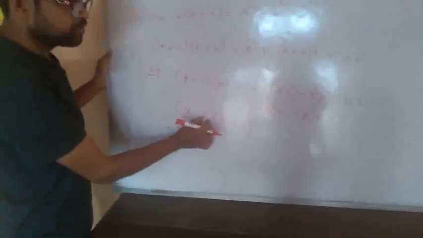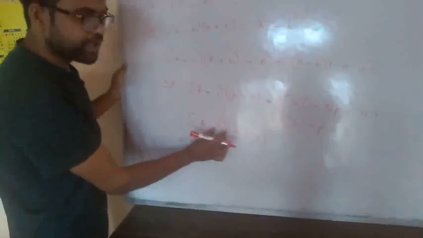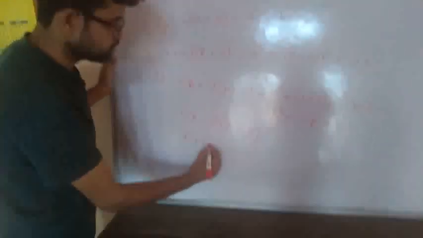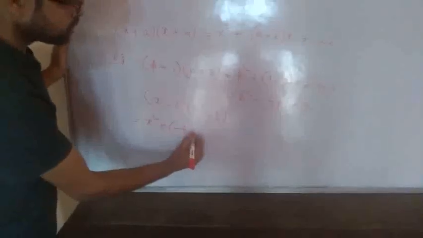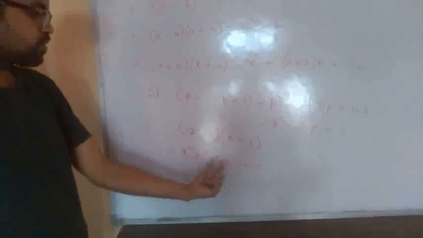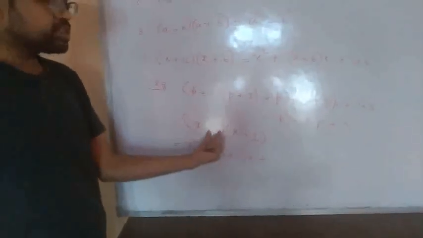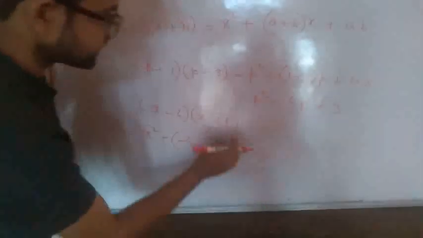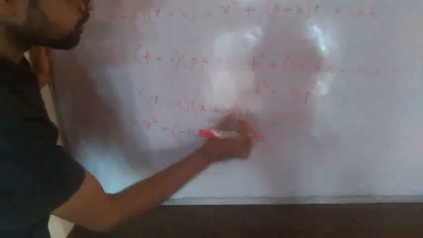Here you have minus 4 and here you have plus 1, so you get minus 4 plus 1, and this will be multiplied by the first term, that is x. Plus the product of the second terms, that is minus 4 multiplied by plus 1.